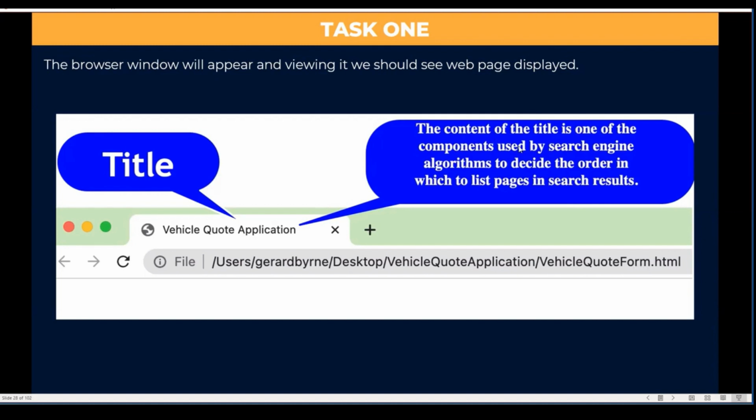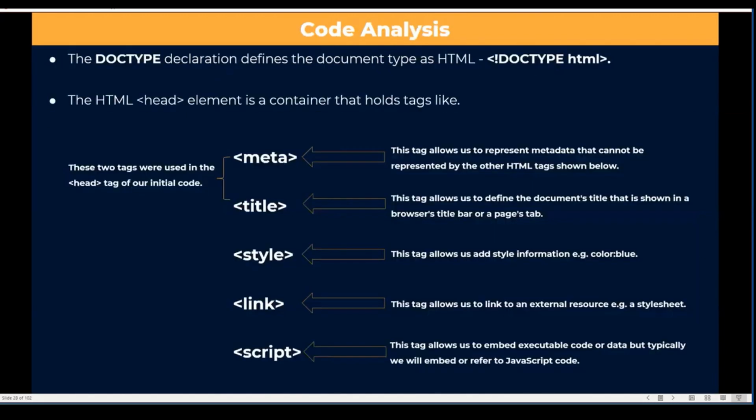So the content of the title is one of the components used by a search engine. The search engines have algorithms, and they look at the title of your web page to decide the order in which to list the pages in a search result. So it's important that we put a title in there which is relevant to what we're trying to do.